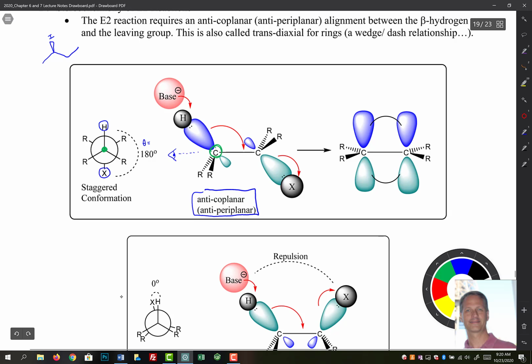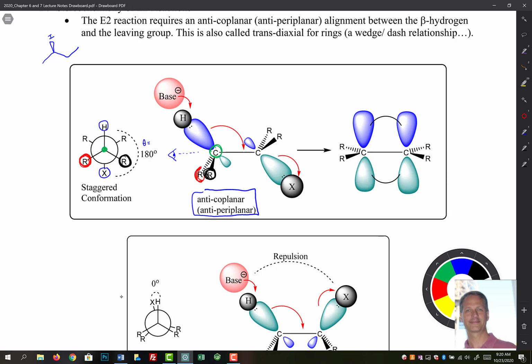I'm going to circle one of them black, and the other one red. So when we look at the structure on our left and turn it around, the red atom is on this side, and then our black carbon is over on that side.